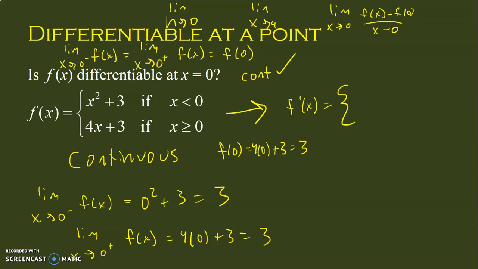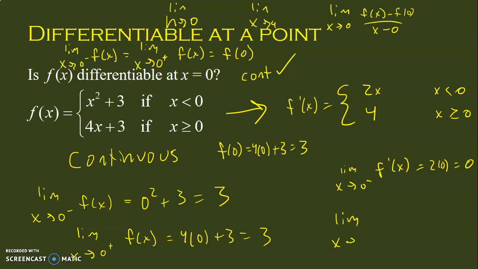So the derivative of x squared plus 3 would be 2x. The derivative of 4x plus 3 would be 4. I want to know at 0. So the limit as x approaches 0, this is for x less than 0, x greater than or equal to 0. So the limit as x approaches 0 from the left of f prime of x would be 2 times 0, which is 0.